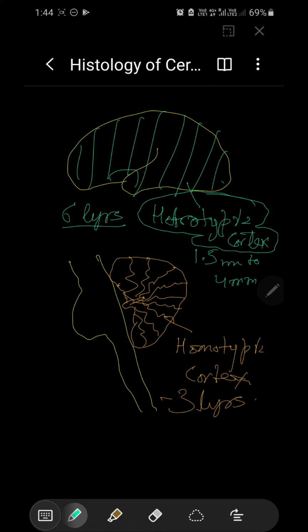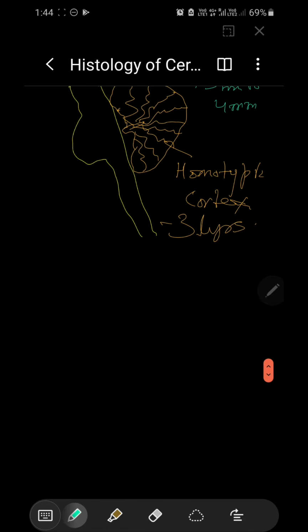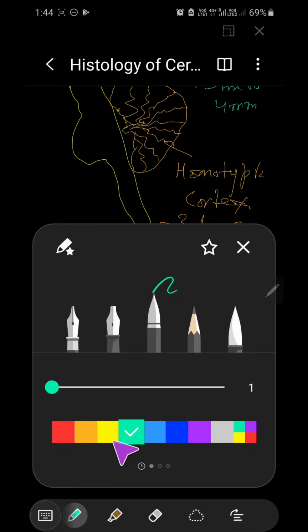Okay, so just get familiar with these different little words which I am telling. And before starting the histology, let me remind you about the cells.